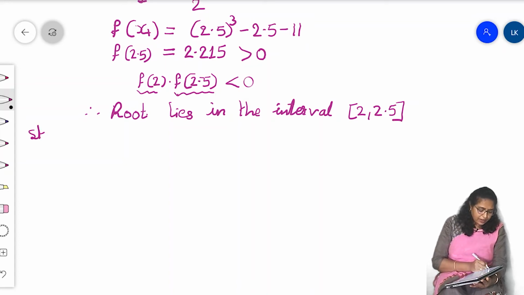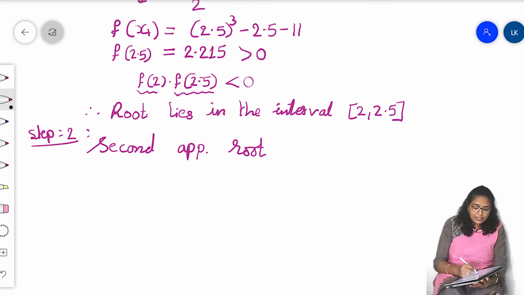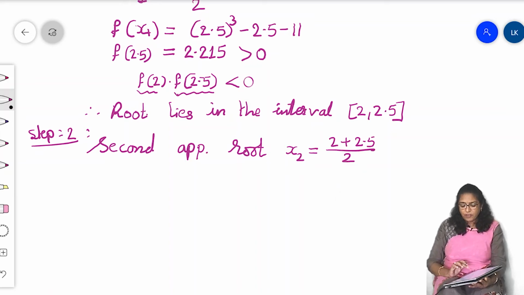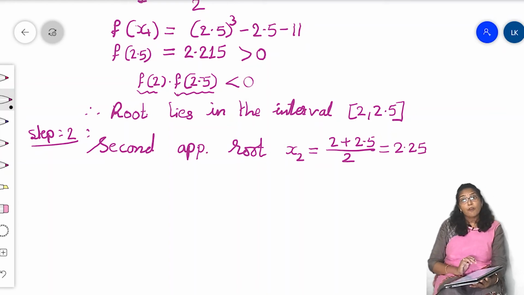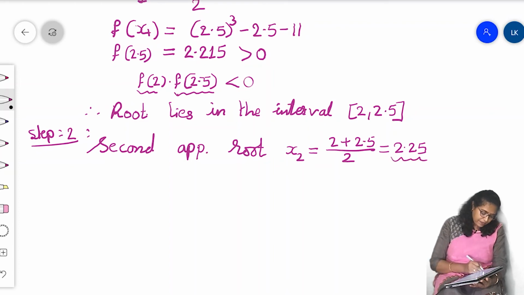What is our second approximate root? Second approximate root is, our formula is addition divided by 2. Let us use the notation x2. The x2 is 2 plus 2.5 divided by 2. That is 4.5. And 4.5 divided by 2. It is 2.25. What should we do? Immediately find out f of 2.25.